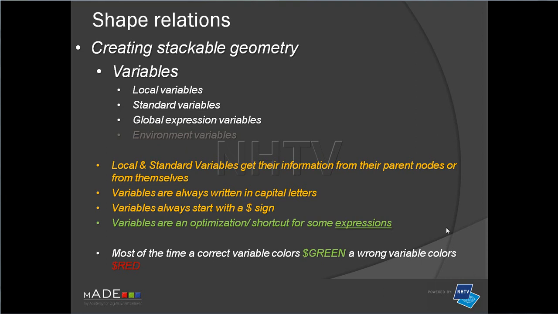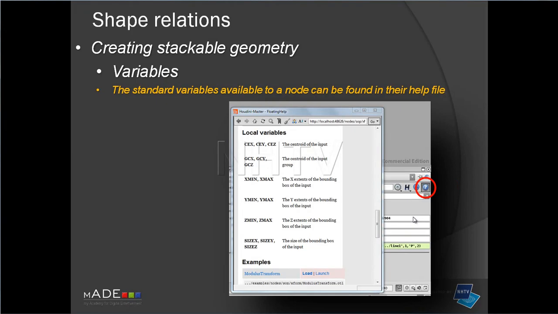Again, the thing which is very important to know is that a variable is actually nothing more than a shortcut for an expression. You can do exactly the same thing with an expression, but a variable just makes it much simpler and faster to access. Now where can you find them? You'll find them always over here in the help file of the node you have selected.